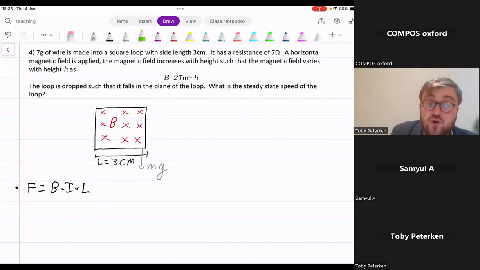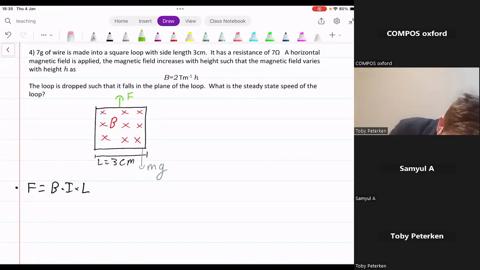The top wire has current going in the opposite direction to the bottom wire, so the forces will be in different directions. But because the field strength is greater at the top, the force at the top must be up, so that the net force is up.